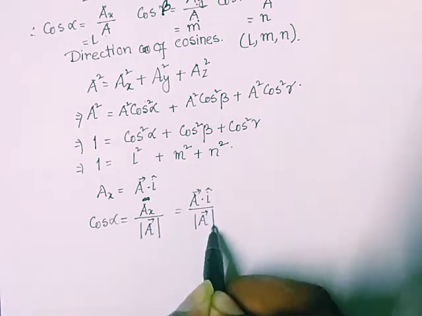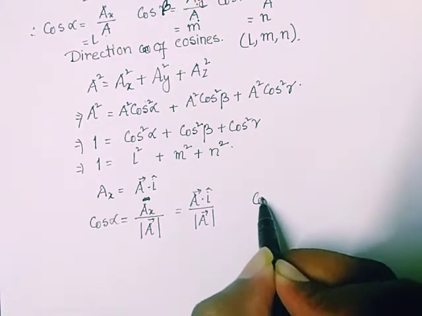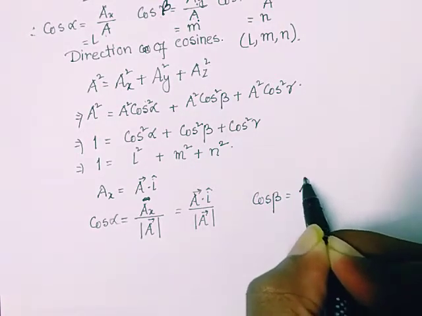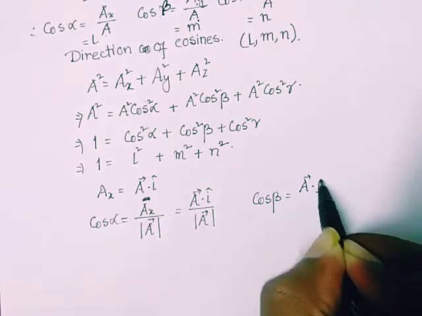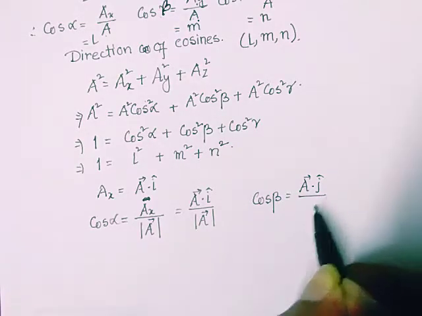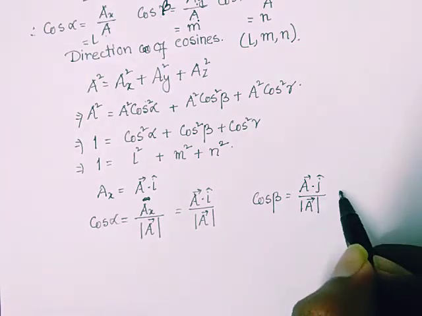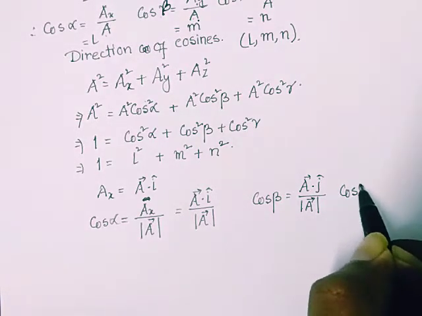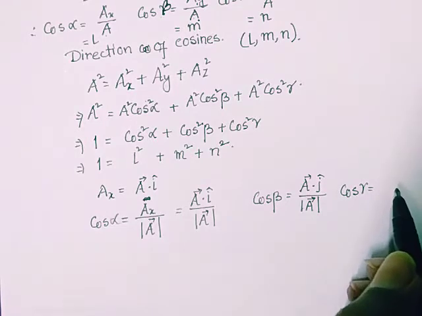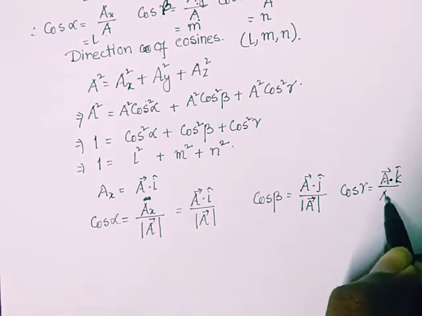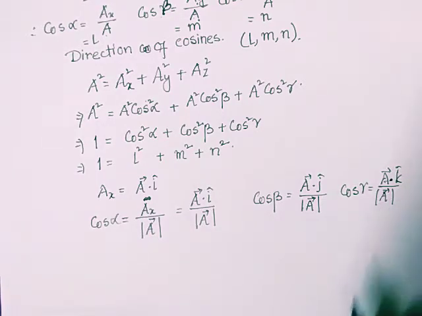magnitude of a vector. Similarly, if I want to write down cos beta, this will be a vector dot j cap divided by magnitude of a vector. And if I want to write down cos gamma, this will be a vector dot k cap divided by magnitude of a vector.